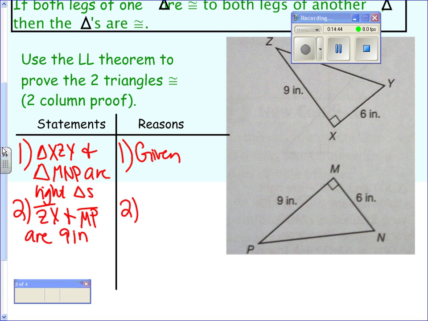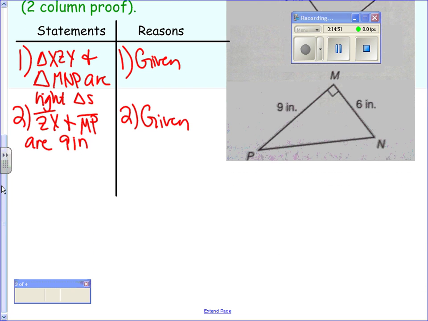They're both 9 inches. That's given. Therefore, what? Does that make sense?